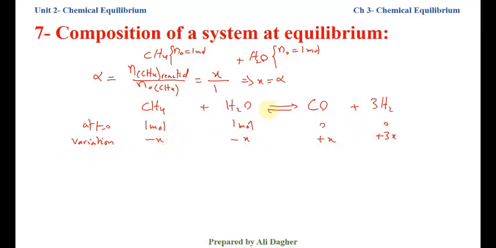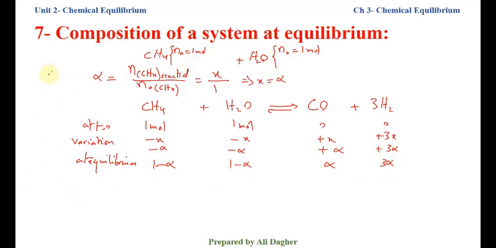We replace X by its value in terms of alpha: minus alpha, minus alpha, plus alpha, plus 3 alpha. At equilibrium: 1 minus alpha, 1 minus alpha, 0 plus alpha, 0 plus 3 alpha, 3 alpha. This is the composition at equilibrium in terms of alpha.